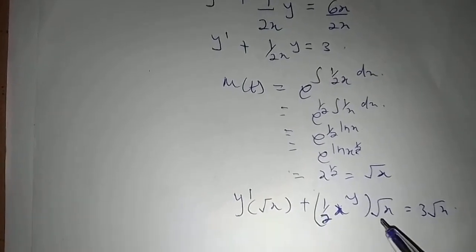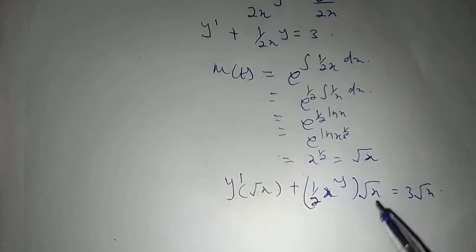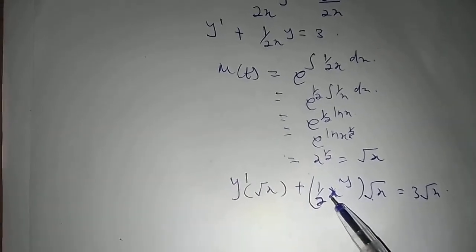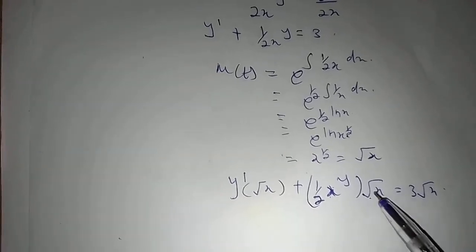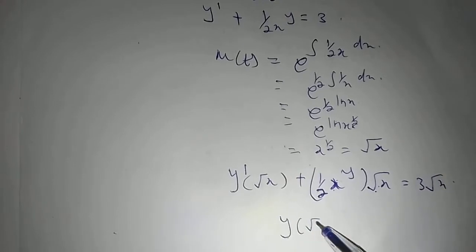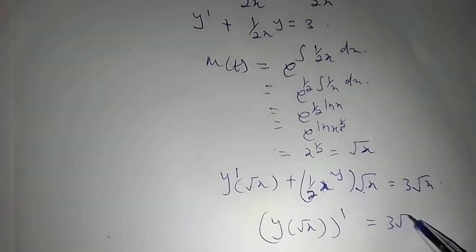So we apply the condition of a first order linear differential equation that when this multiplies the coefficient of y, which is 1 over 2x, we are going to get the derivative of this. Hence, this whole thing is simplified to y multiplying root of x all prime is equal to 3 root x.